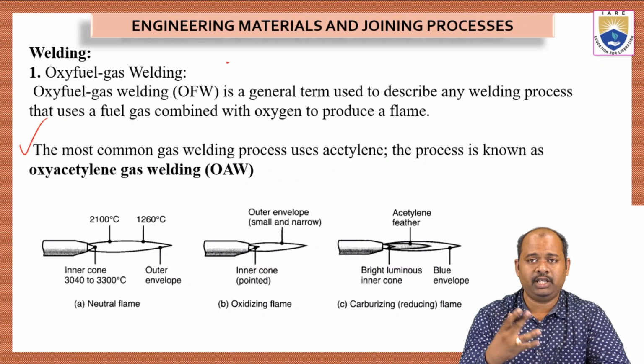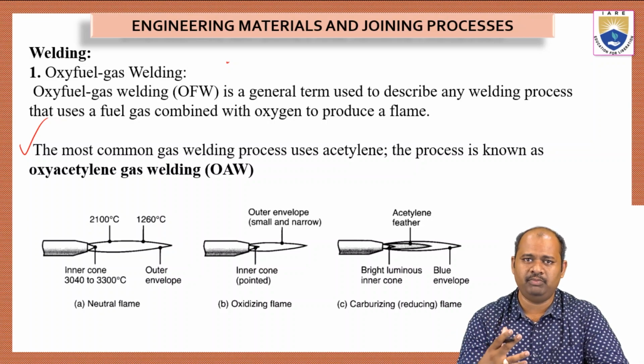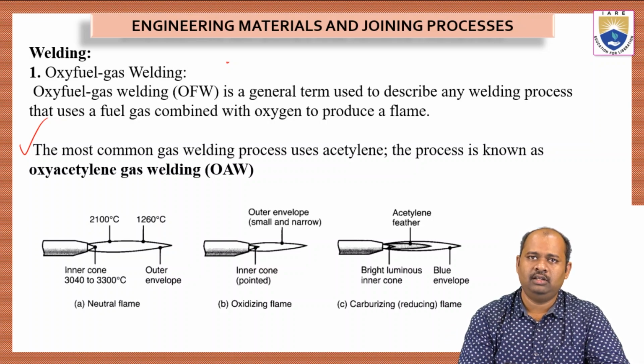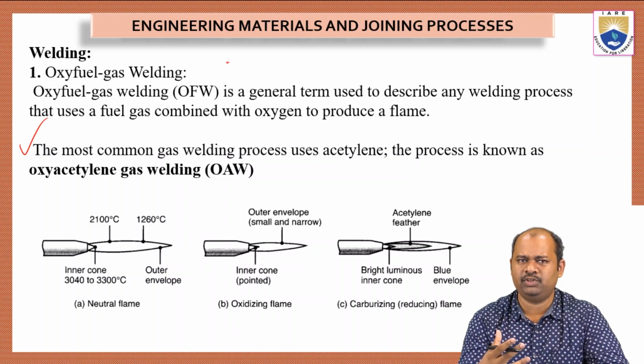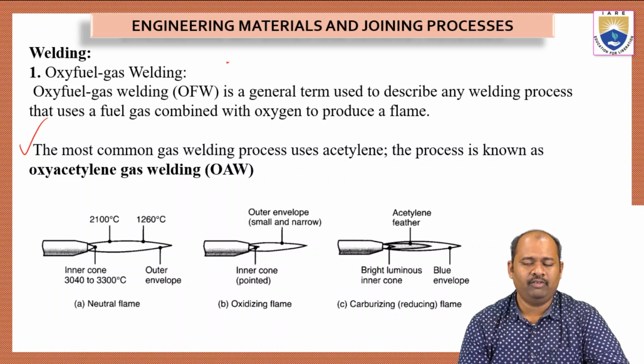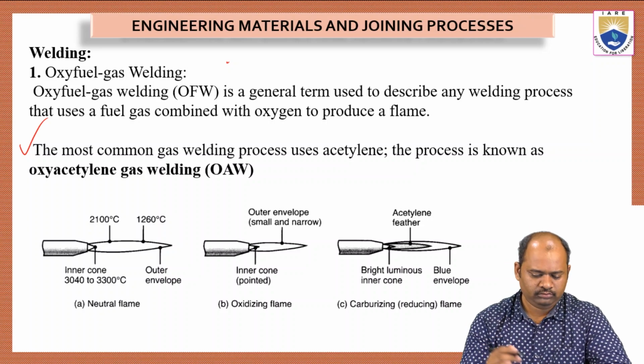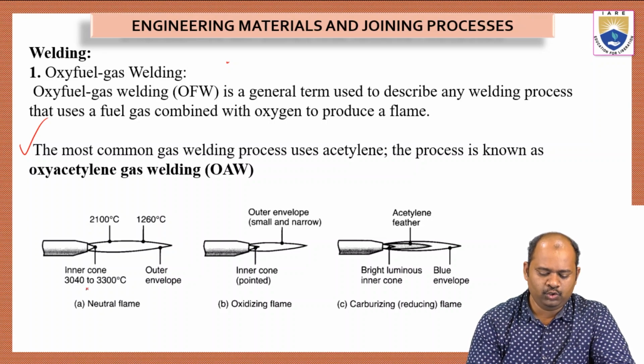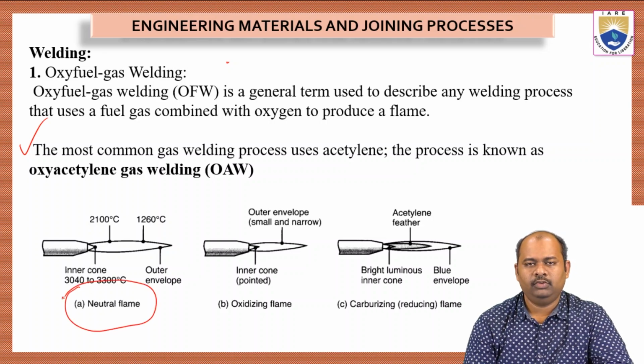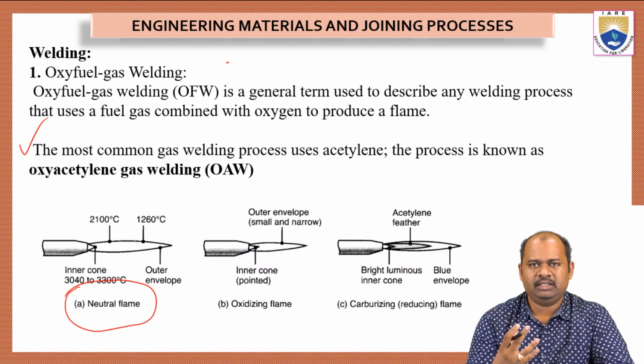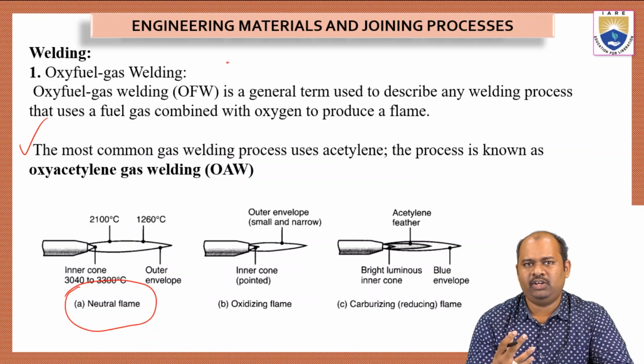There are three types of flames that can be produced, based on the different combinations of gases used. The first one is the neutral flame, which is a 50-50 combination of oxygen and acetylene gases.